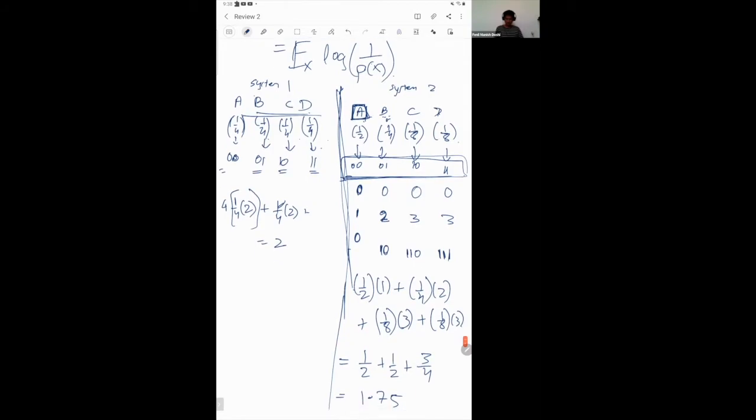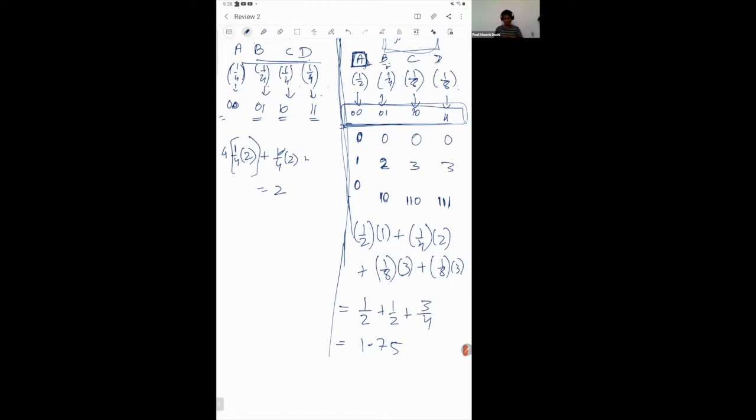So in system 2, what I'm basically saying is I can represent the same information.